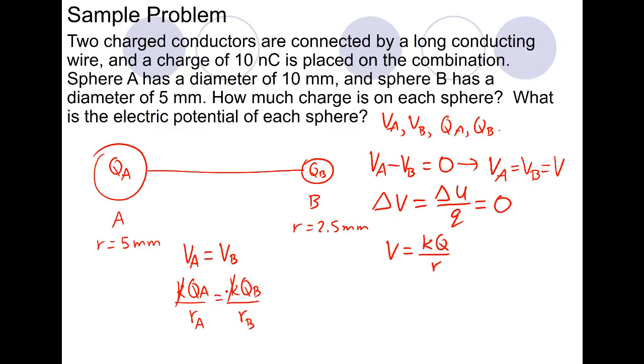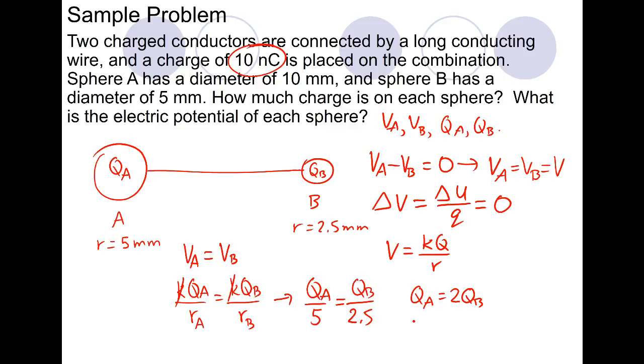The k's cancel, and we get a ratio for the charges that depends on just the radii. So QA over 5 is equal to QB over 2.5, or said another way, QA is equal to 2 QB.